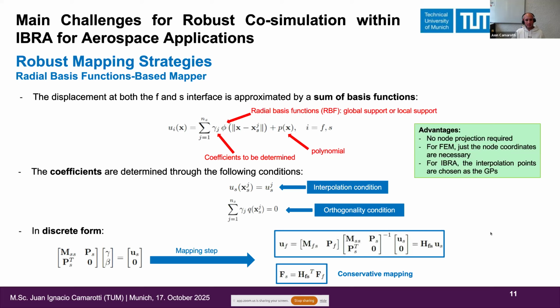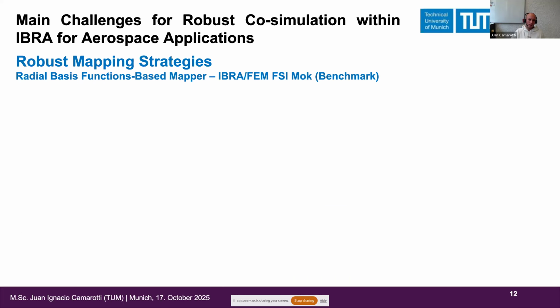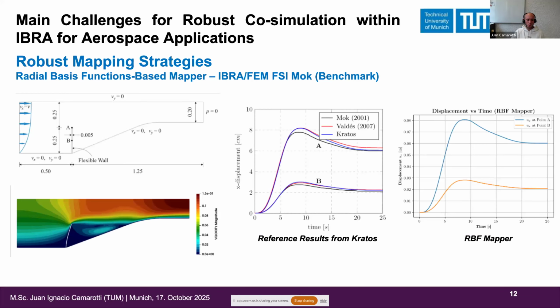We were investigating this mapper because it's less computationally expensive than the mortar, and we applied this to an FSI benchmark, in this case the FSI mock, and we obtained very good results, both in comparison with the mortar mapper and also in comparison with FEM discretizations.